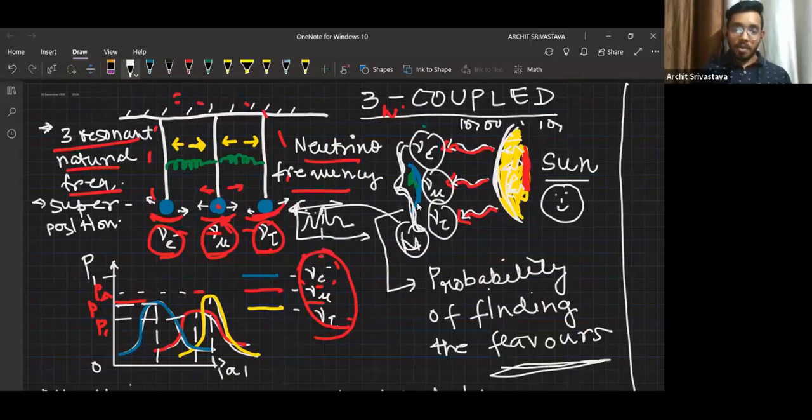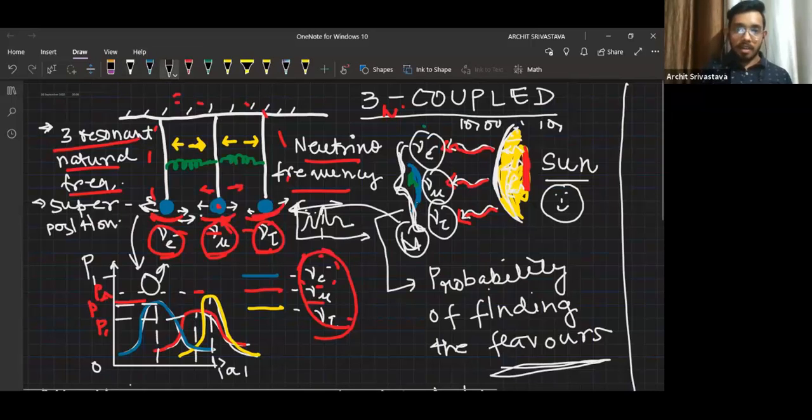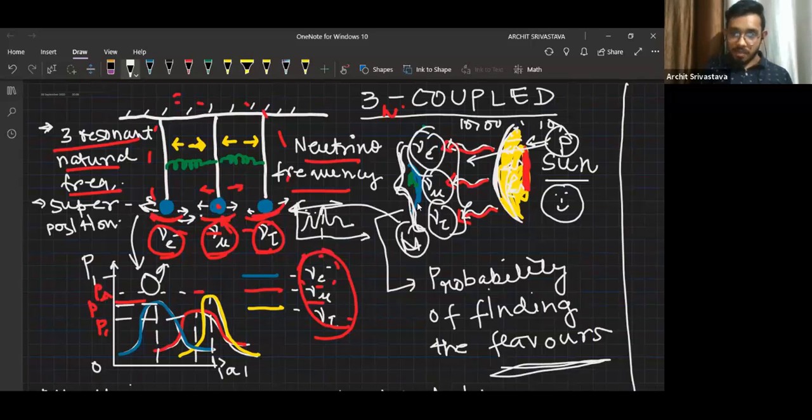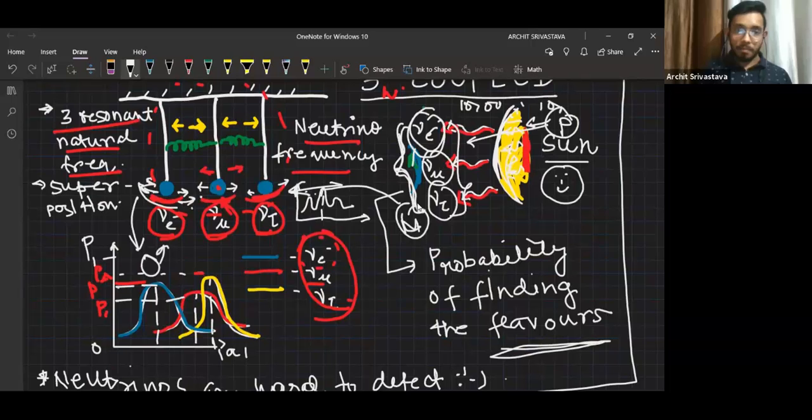When I talk about the amplitudes of these pendulums giving us information about the probabilities of a particular neutrino, it means that this is the process, and this process has emitted these three neutrinos. The probability of finding any specific flavor of neutrino is analogous to the amplitude of the particular pendulum, corresponding to the electron neutrino, the muon neutrino, and the tau neutrino.